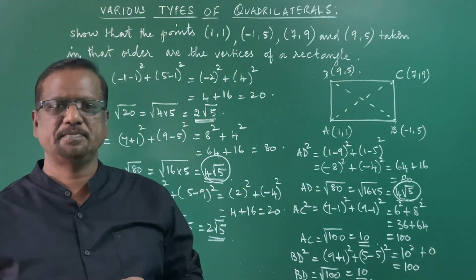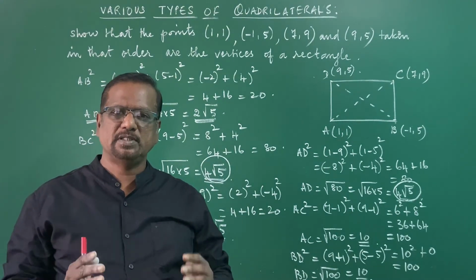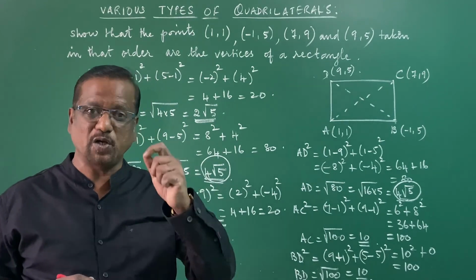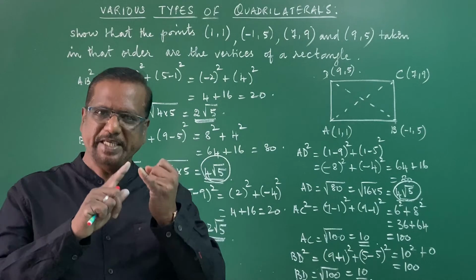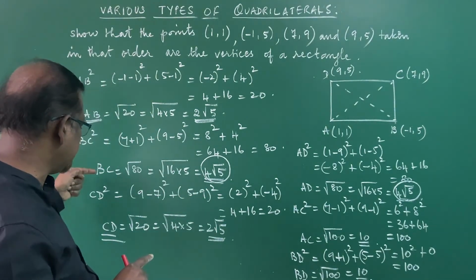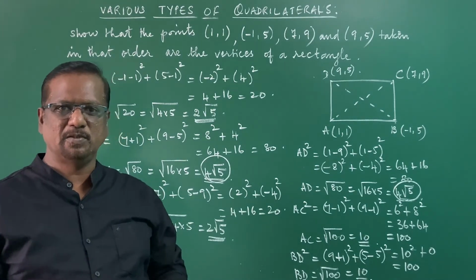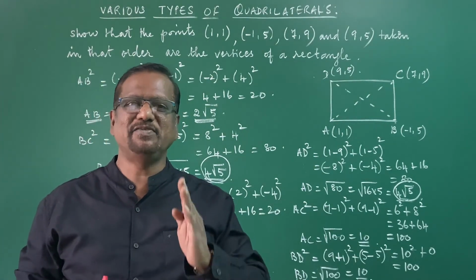Suppose they ask you to prove the given 4 vertices are the vertices of a rhombus. Find out AB, BC, CD and AD. You will notice that all the 4 sides will be equal.